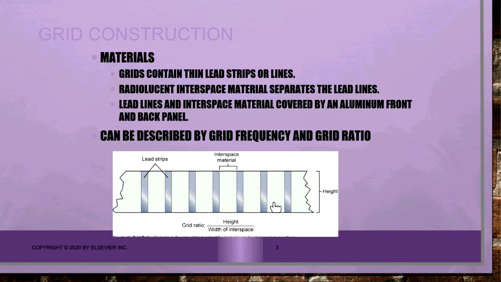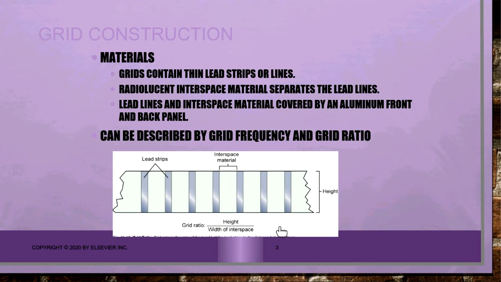Your interspace is narrower, so it cleans up scatter much better. The problem is that you have to be more precise in your positioning. So there's more wiggle room with a low grid ratio, but it also doesn't clean up scatter as well. A higher grid ratio would clean up scatter better, but there's less wiggle room for error.